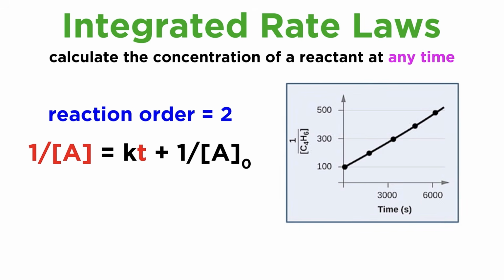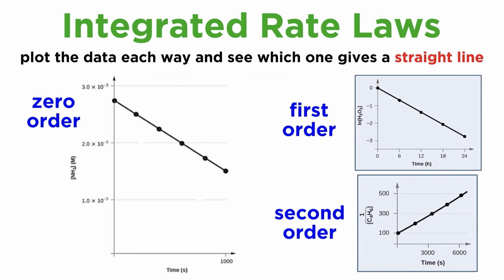And for a second-order reaction, the inverse of concentration versus time gives us a straight line, where this time the slope is equivalent to the rate constant. So when we record kinetic data, instead of doing multiple trials to compare initial rates, we can try to plot kinetic data from one trial according to these different relationships, and the one that gives us a straight line will tell us the overall reaction order simply by graphical analysis.